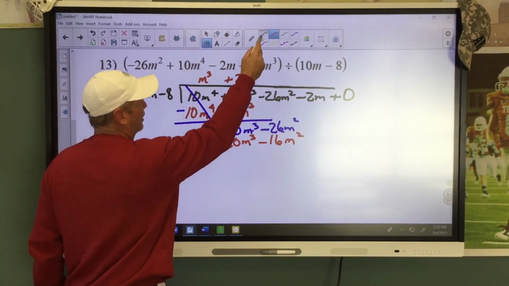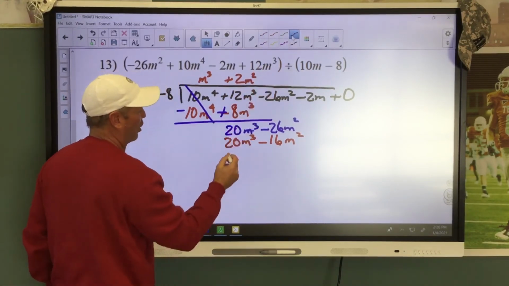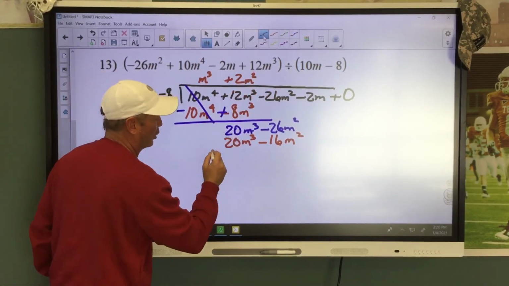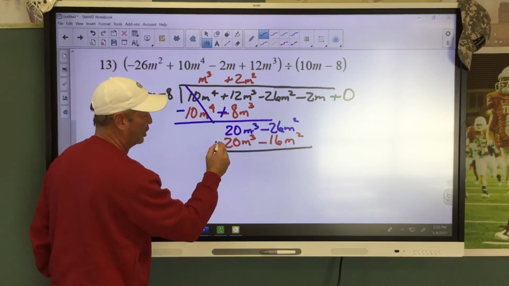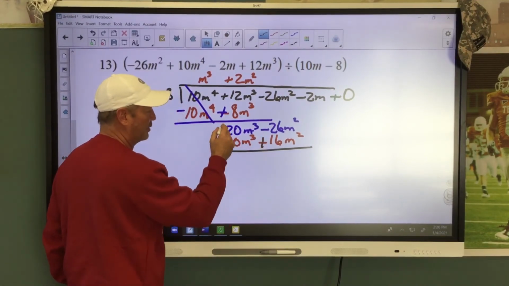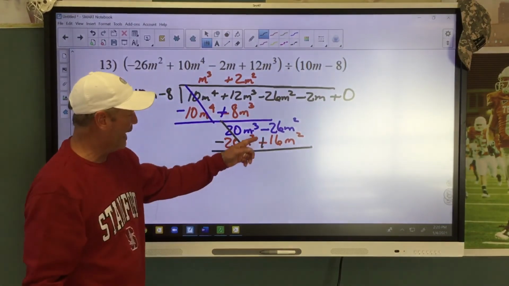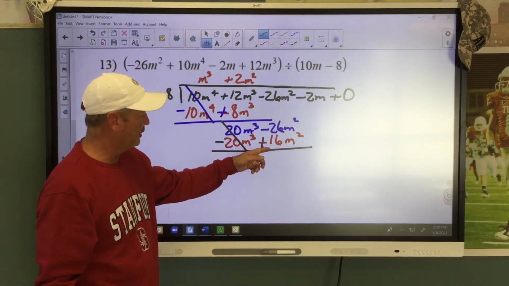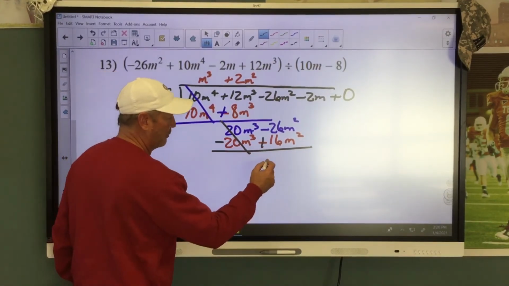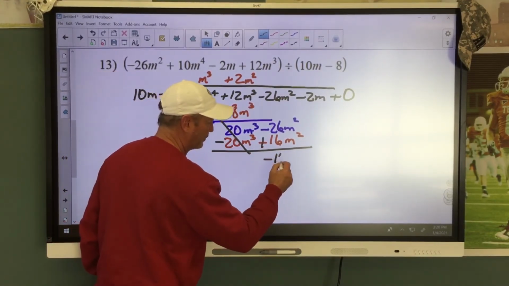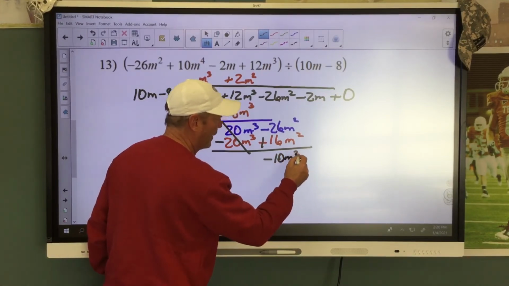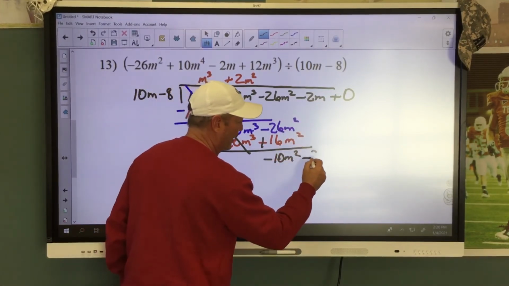Now we're finished. So we're going to draw a line. We're going to change the sign. This is going to cancel. I have a negative 26 and a positive 16. That's going to leave me with a negative 10m squared minus 2m.